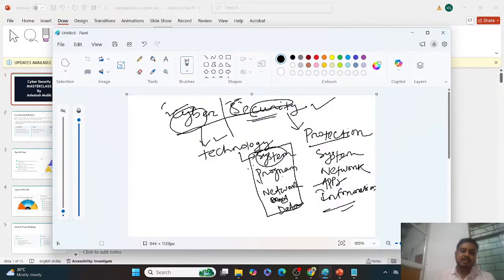Cyber is related to the technology which contains systems, programs, network, and data, and security is related to the protection of systems, network, application, and information.